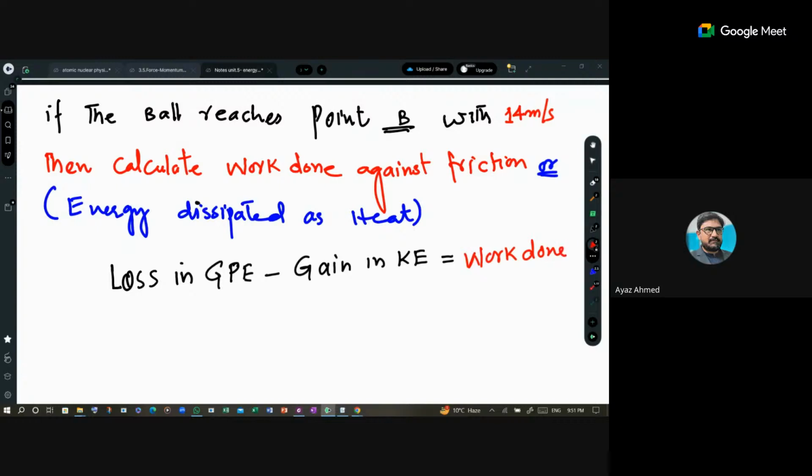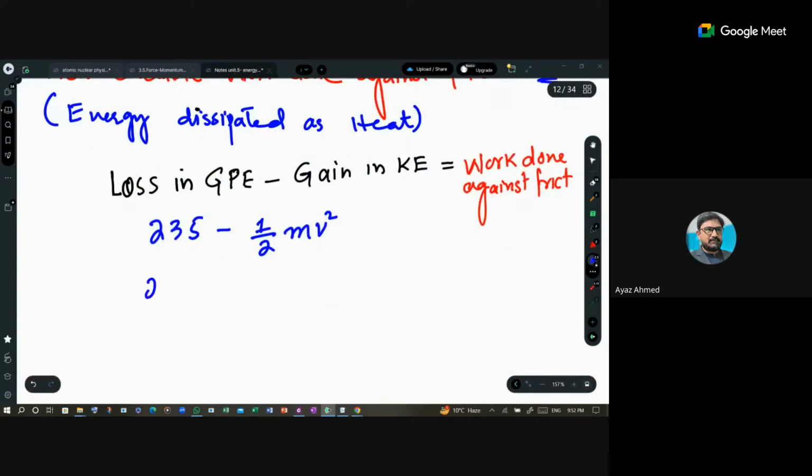So just put in the values. What is the loss in GPE? It is 235. But now gain in kinetic energy is to be calculated: 1 by 2 mv square. So 235 minus 0.5 into 2 into 14 square.